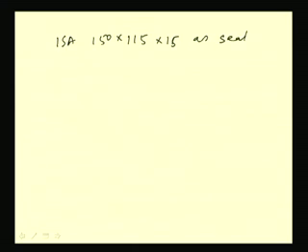Right. So, next what we will do? Next we will find out the rivet details. So, we are using ISA 150 by 115 by 15 as seat angle, which is safe to bear 100 kilonewton.